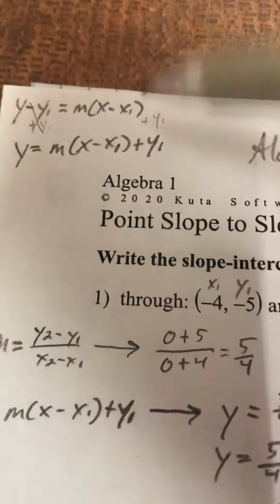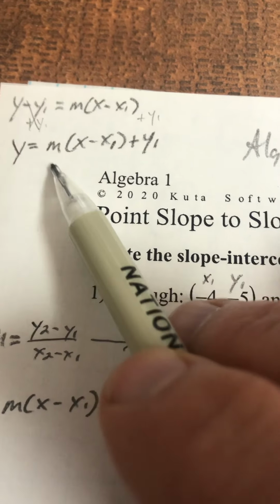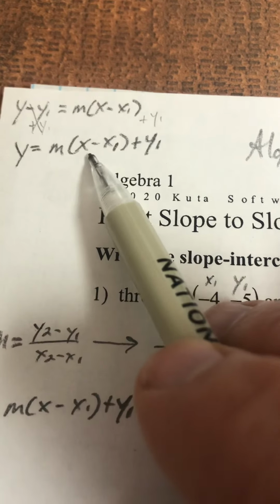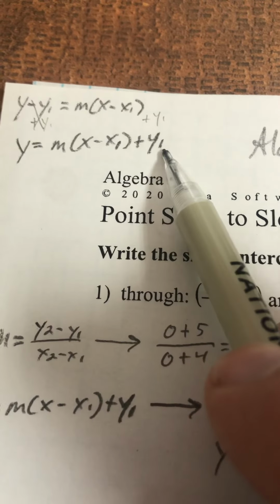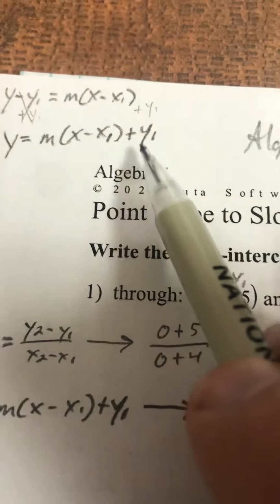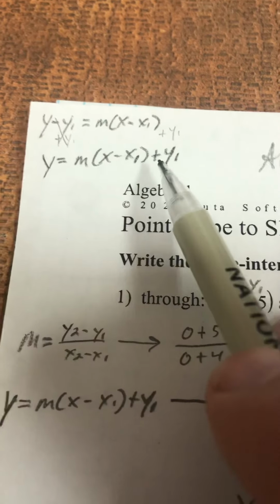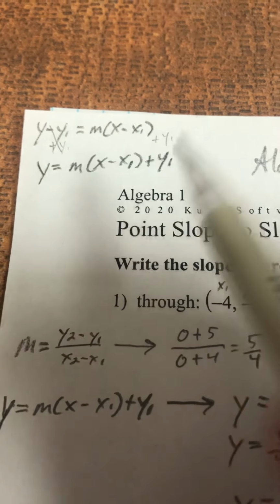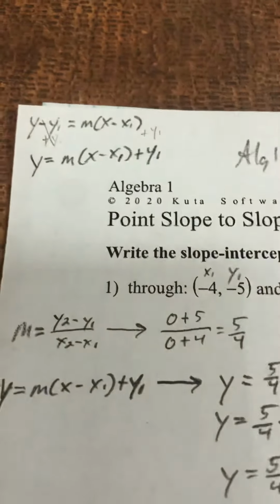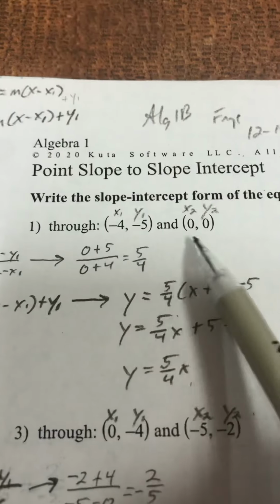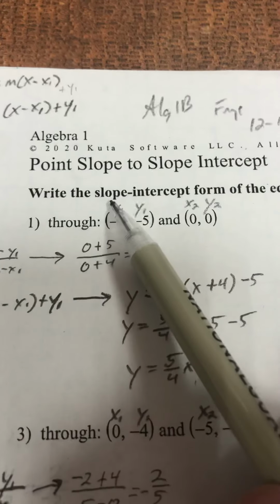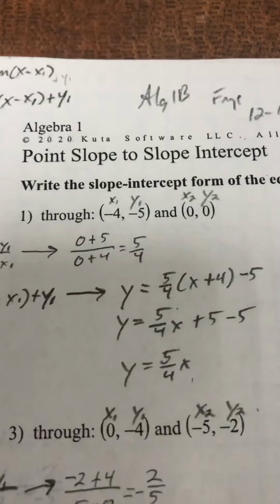These canceled out, and I'm left with y equals m times (x minus x sub 1), and then I have a plus y1 over here. This makes it a little bit easier and reduces the amount of steps. It's a little trick when you are going to take some points and put them into slope-intercept form.